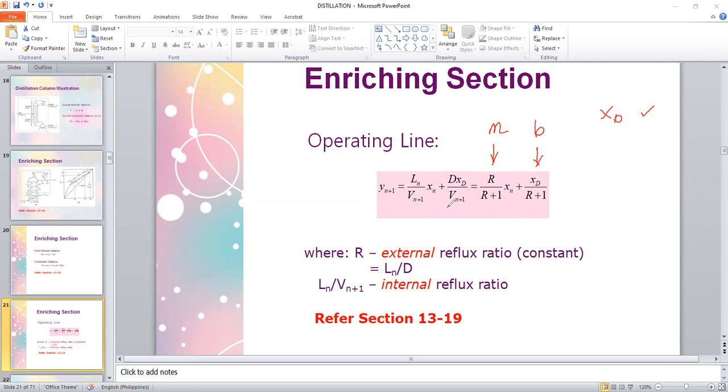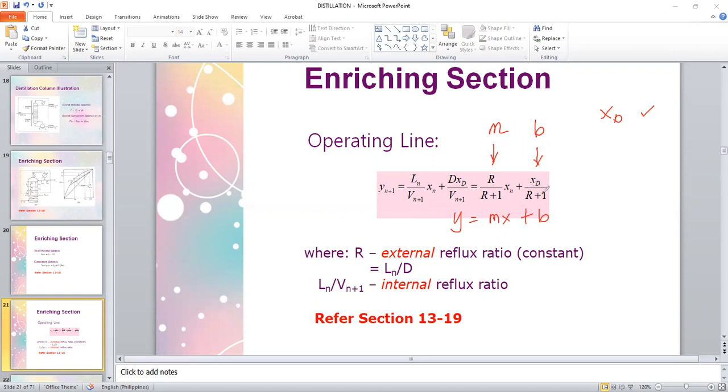So actually, this is your equation comparable to the line equation y equal to mx plus b. I have noticed in the computation of my students that they'd rather use the y-intercept rather than the slope. If you will use the y-intercept of the line, you will be needing the mole fraction of the distillate and the reflux ratio.